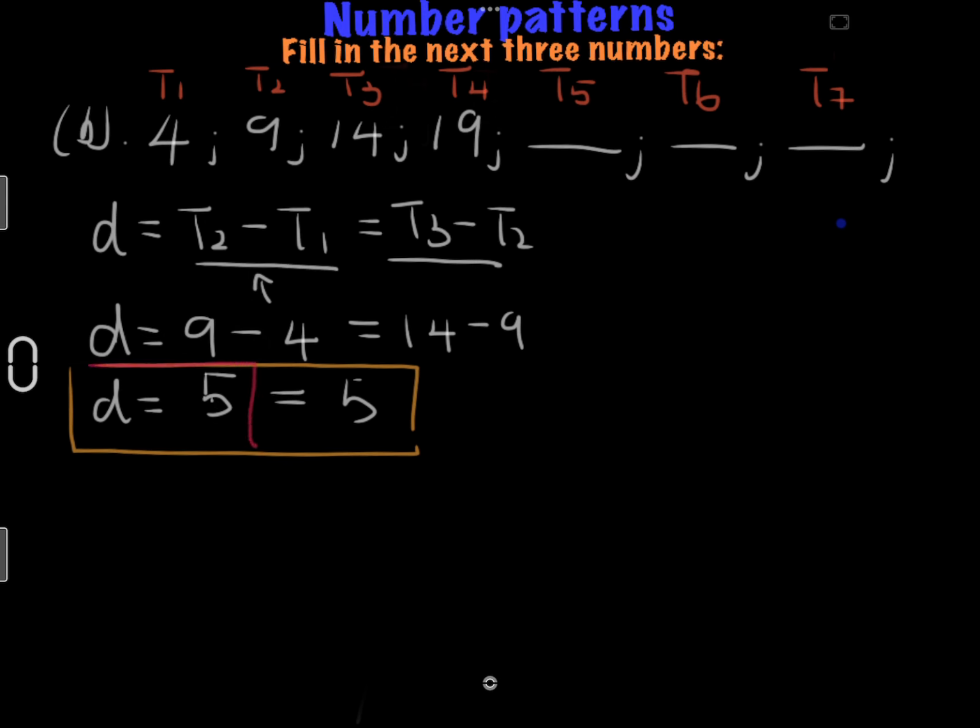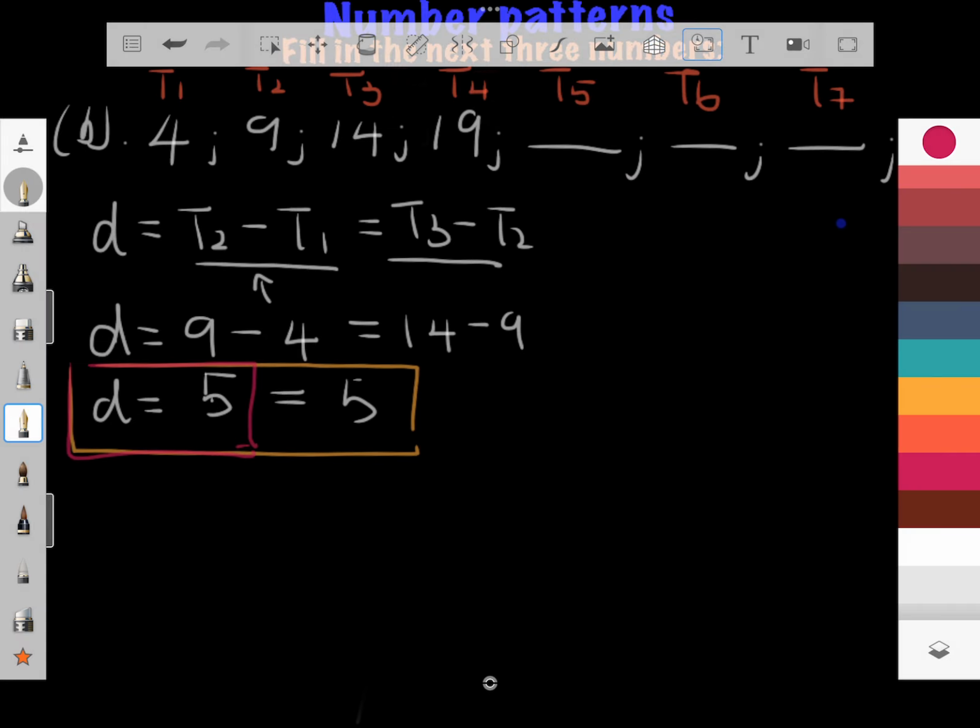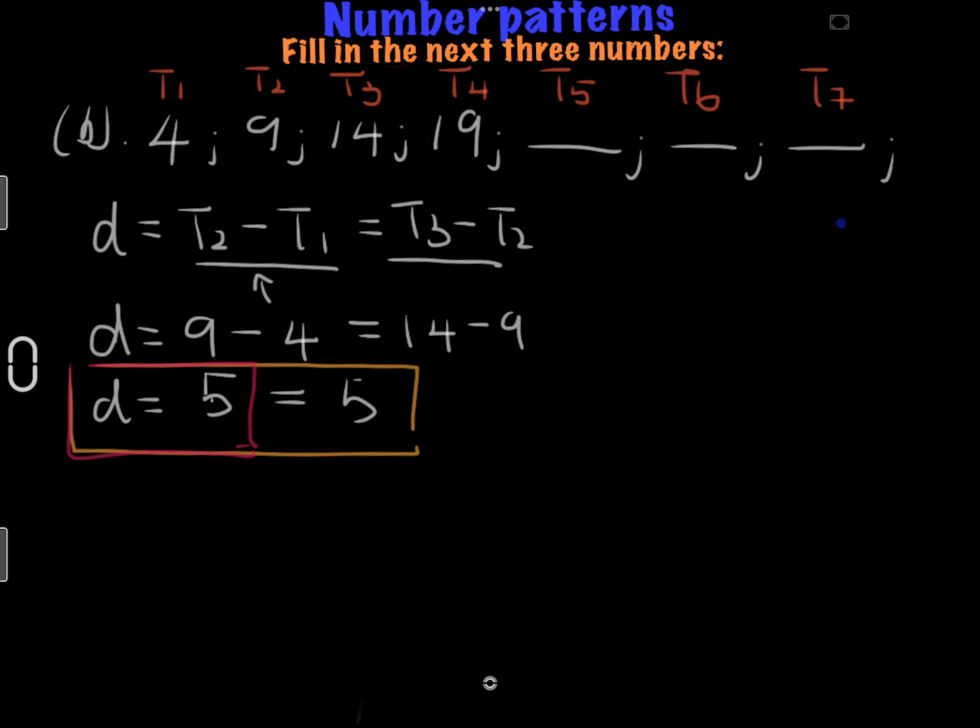The common difference is simply that. So D is equal to 5. Now that we found the difference, the next thing that we need to find is A. A is the first term in our pattern. We know that A in this case is 4.